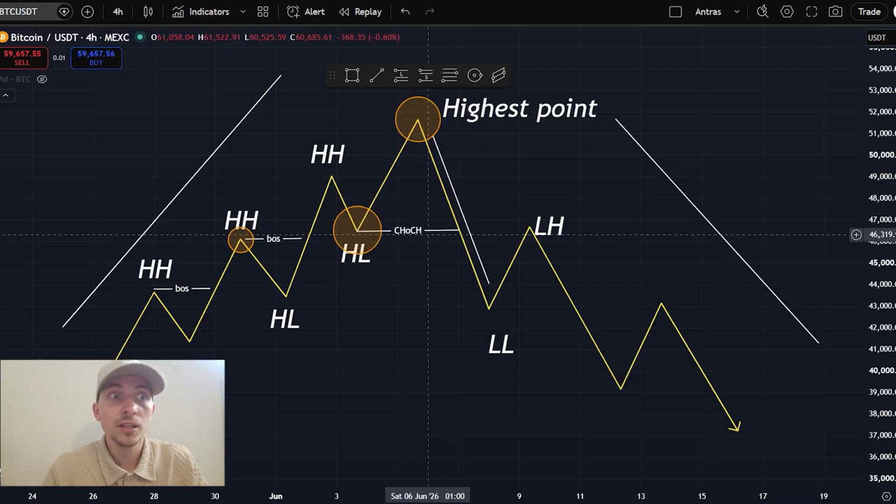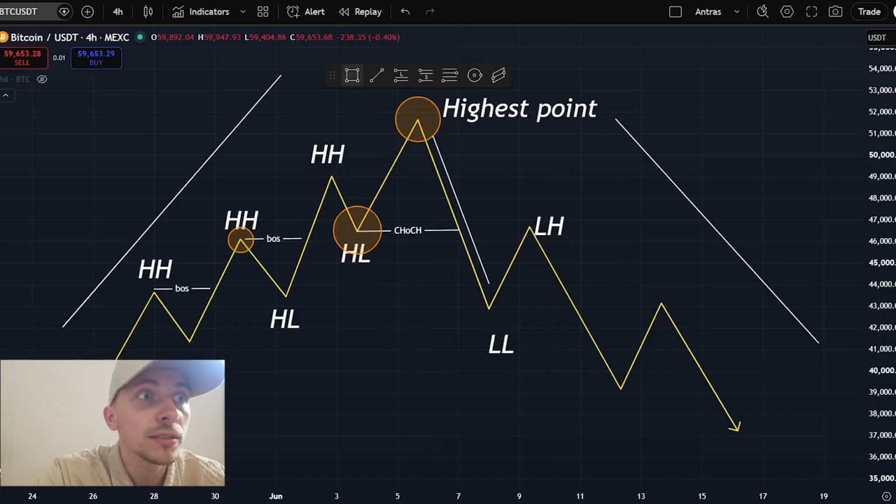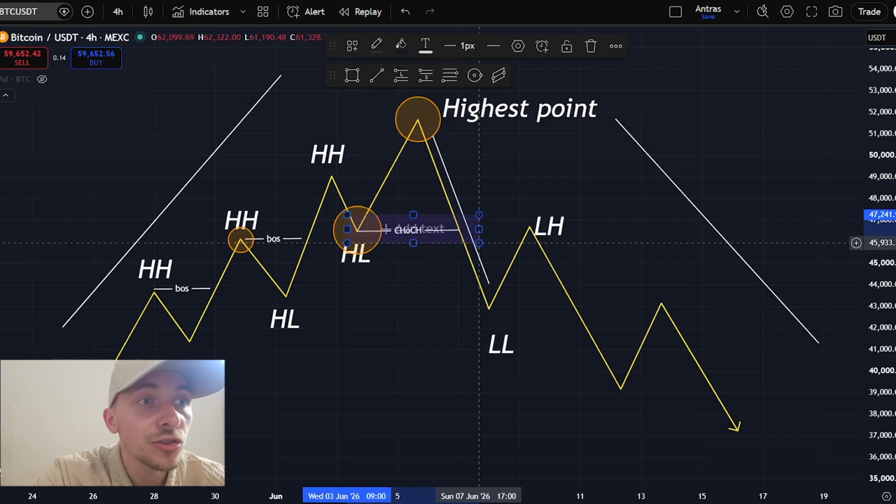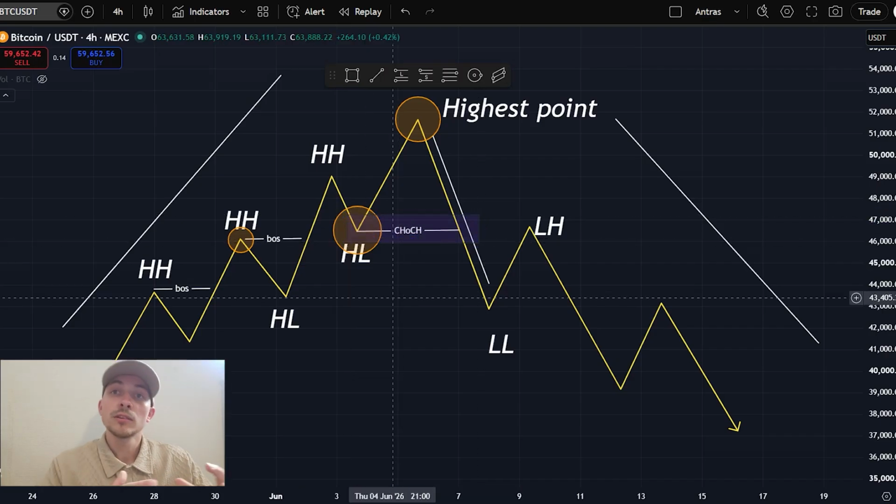The whole point is when the character is changing from higher highs, higher lows to lower lows, lower highs, and the other way around. If we had a downtrend and now we're starting to get an uptrend, at some point we had a change of character.